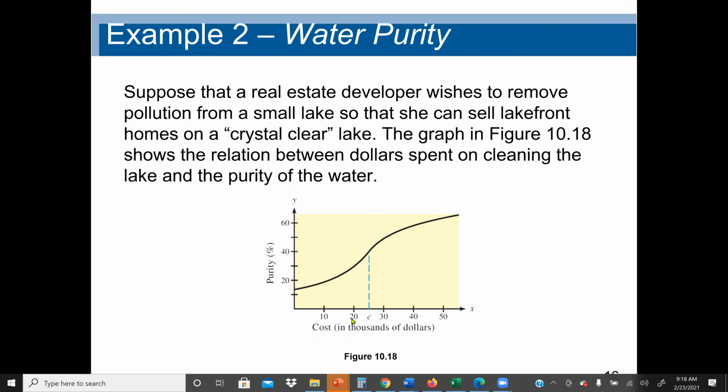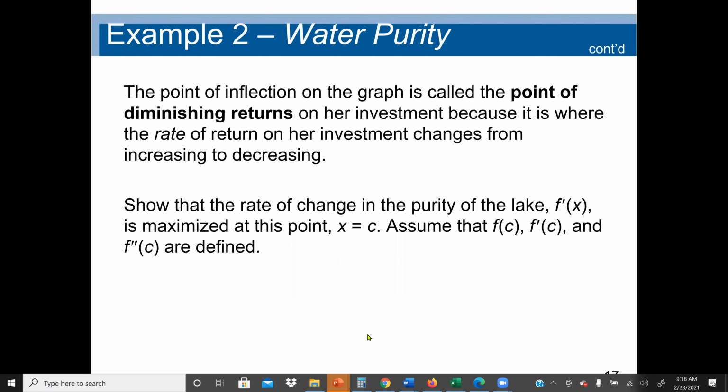So let's see what the question is about. Now they say we should find the point of inflection on the graph, which in this case is also called the point of diminishing returns. You see, the point of inflection goes from increasing to going down. So it's a point of diminishing returns on an investment, because it is where the rate of return on investment changes from increasing to decreasing.